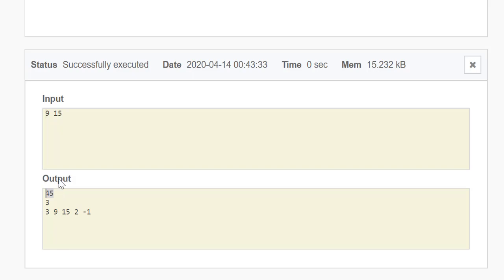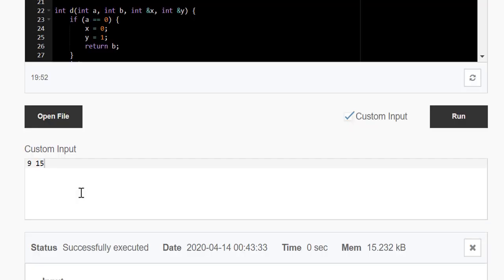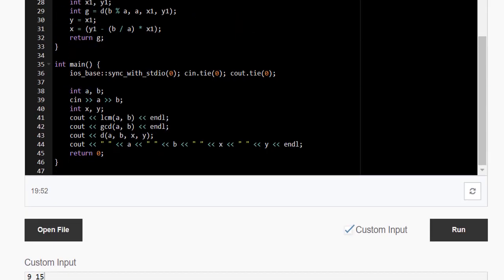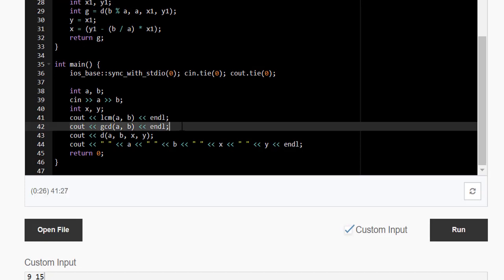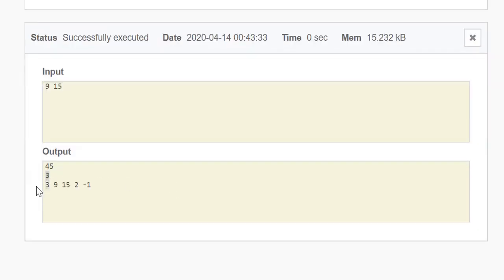9 times 5 equals 45, and 15 times 3 equals 45. Okay, so here we have a greatest common divisor, which is 3, and this 3 corresponds to this line of code. So you see how we are computing the greatest common divisor, and here we have it again, but in the other function.